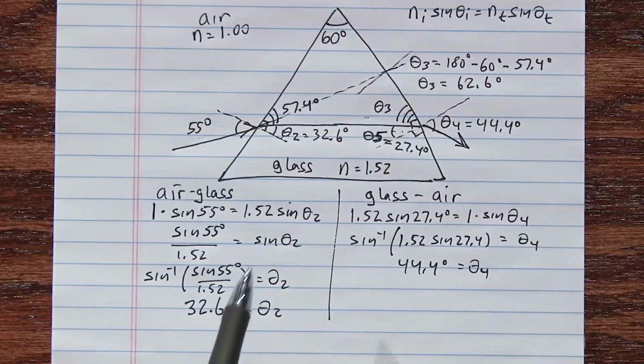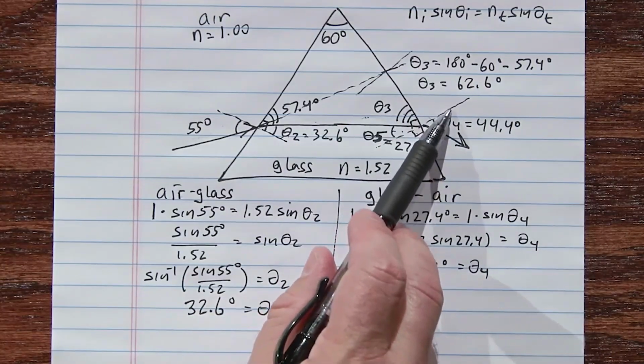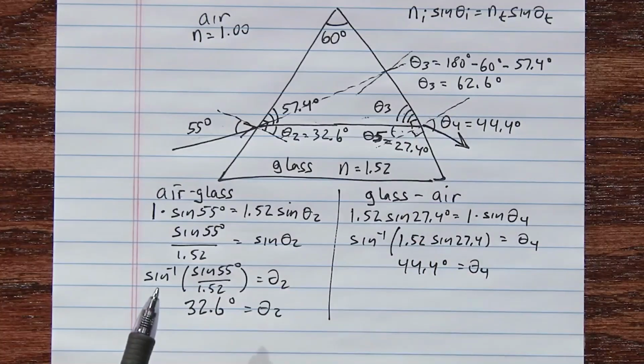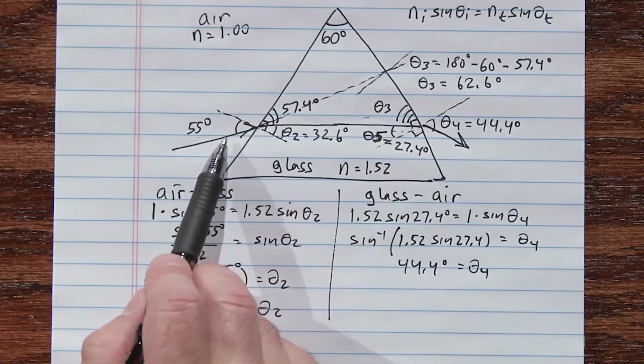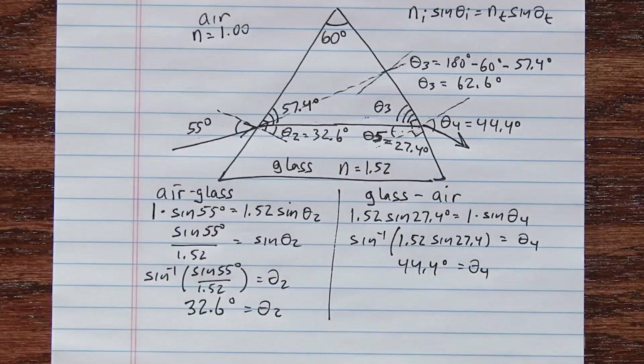Okay, so we know that this light ray makes an angle of 44 degrees with respect to the perpendicular. What angle did the original light ray make with respect to the perpendicular on this side?